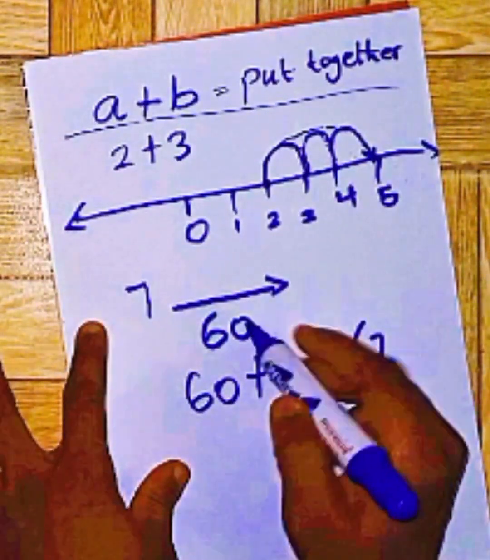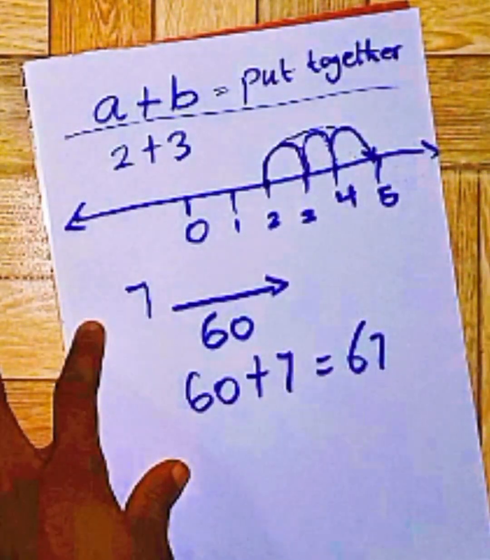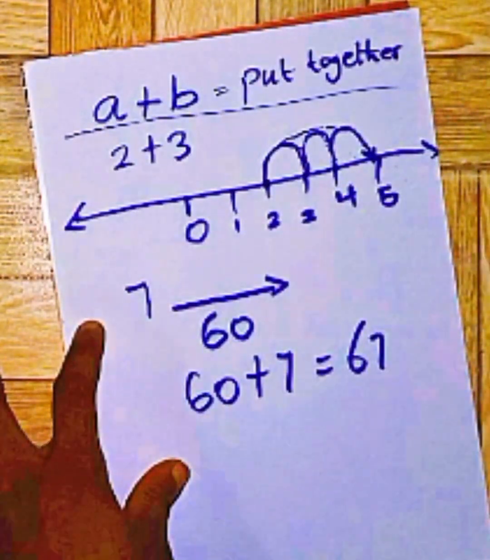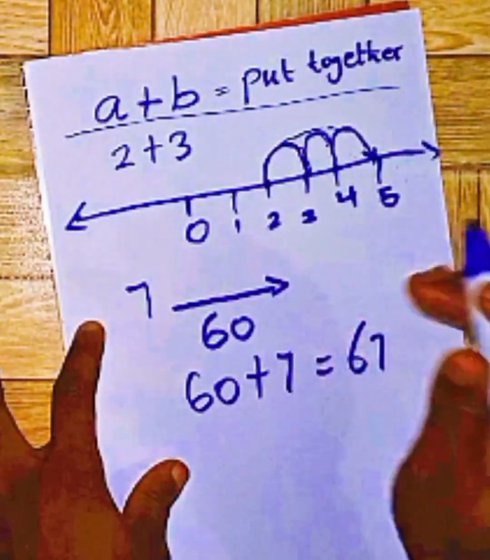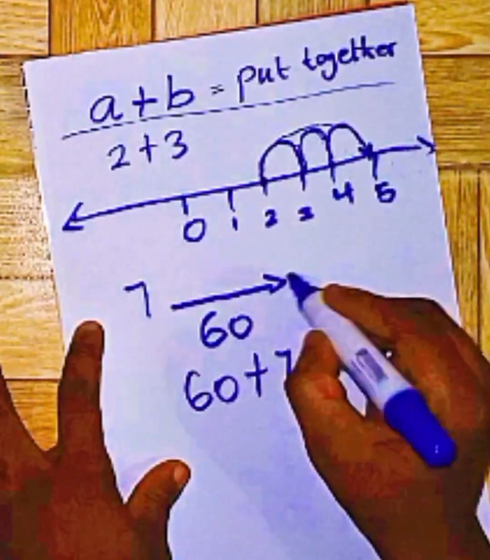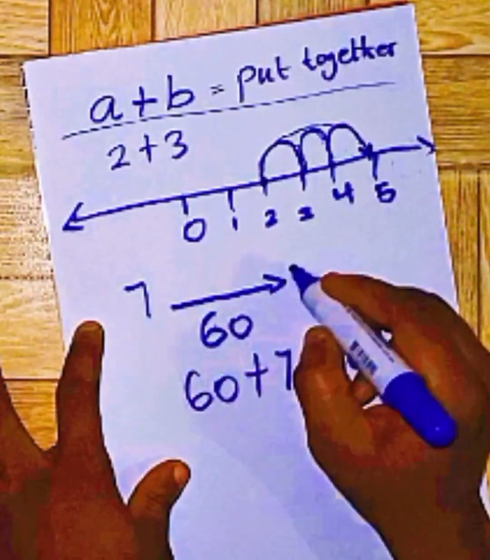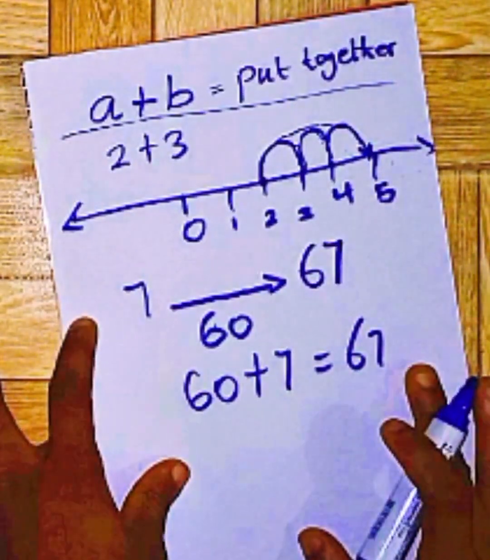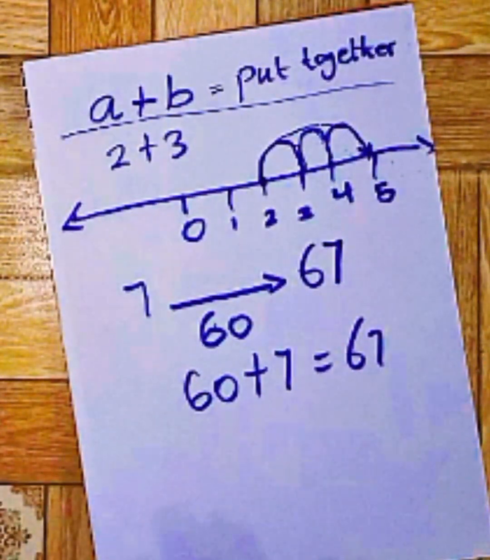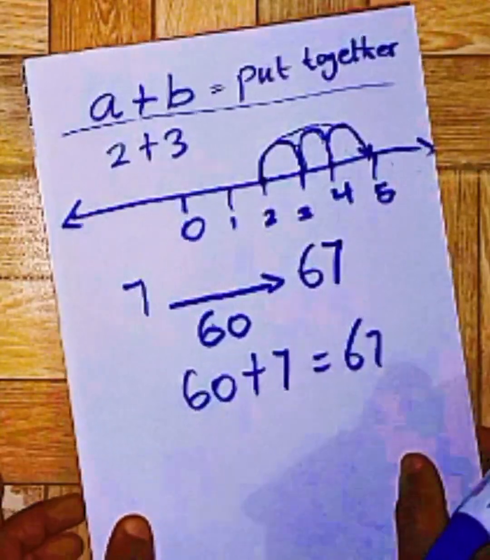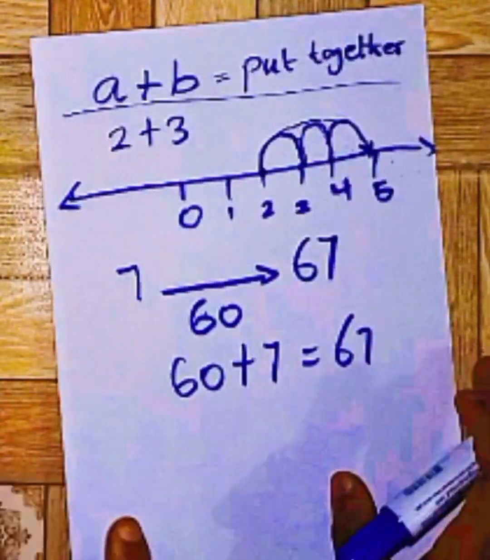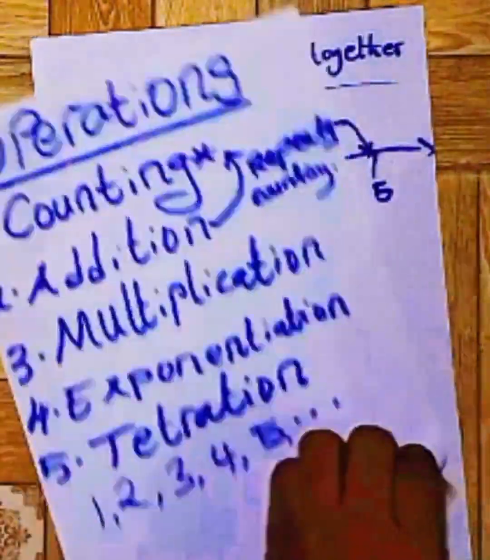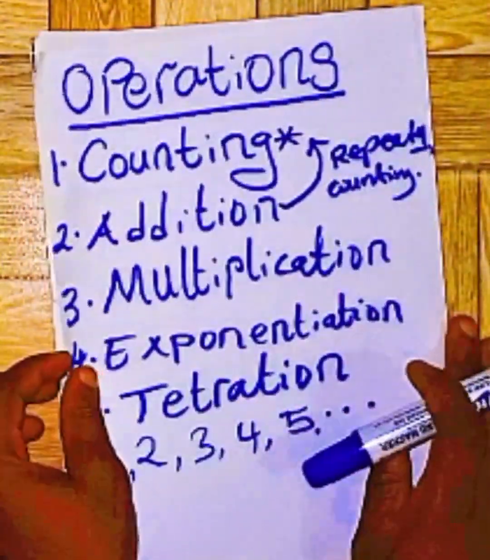I mean, this 60 may be a number as big as it can be, so you can't do the counting. So that is why you need to use the technique of addition, which simplifies a repeated counting by going straight from here, adding to the 60 to get 67. Simple. So the main idea is that there is a progression from counting to addition. Addition is repeated counting.